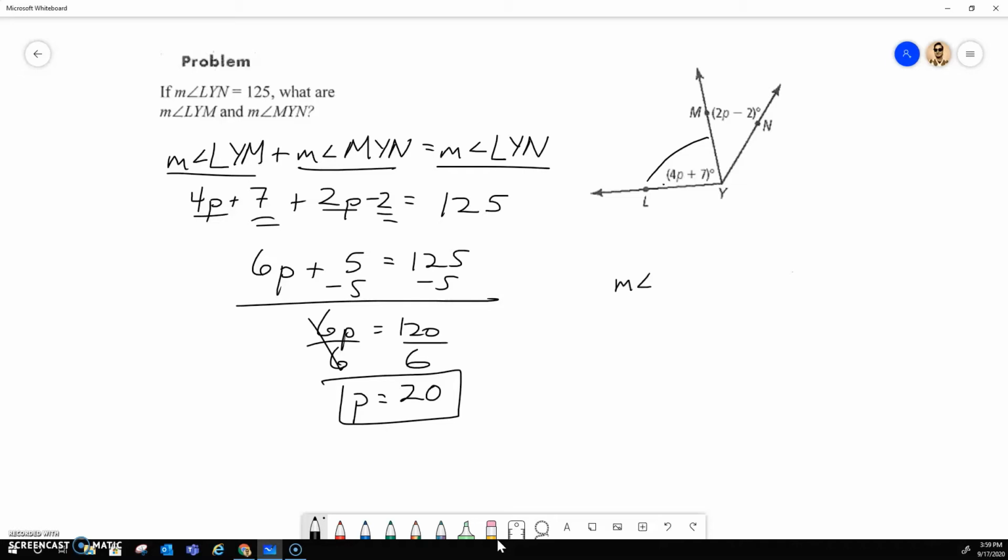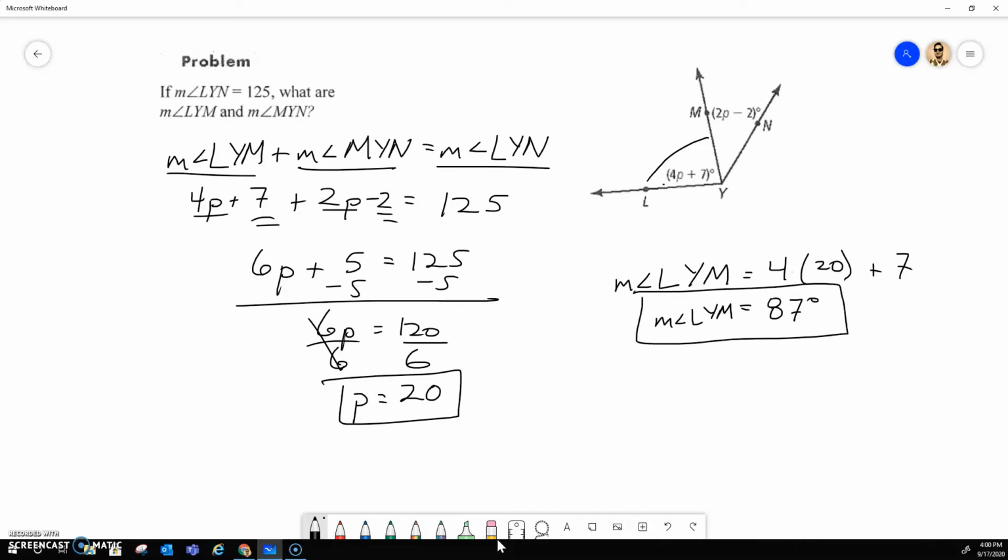So the measure of angle LYM is given as 4p plus 7, where p is now 20. So the measure of angle LYM equals 87 degrees.